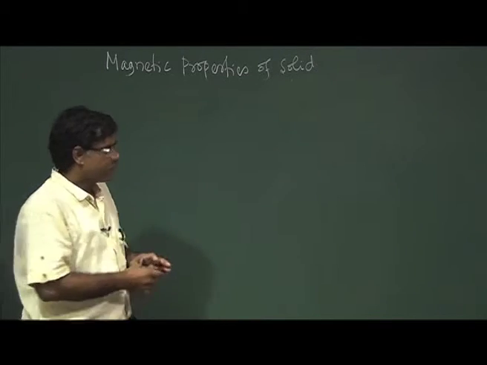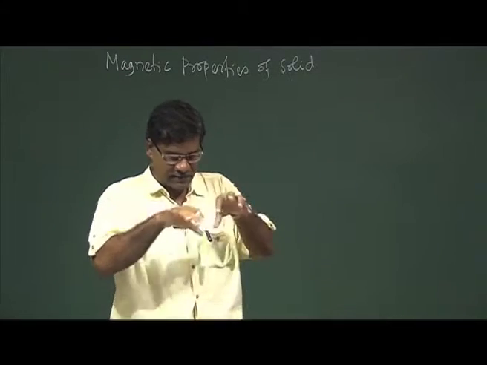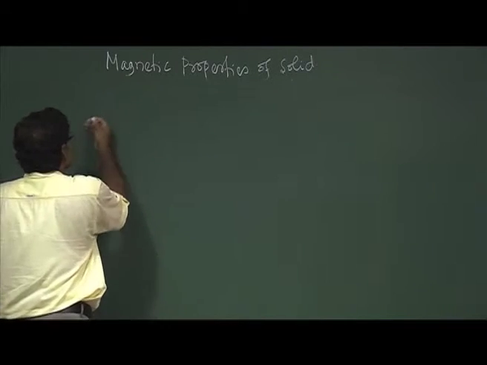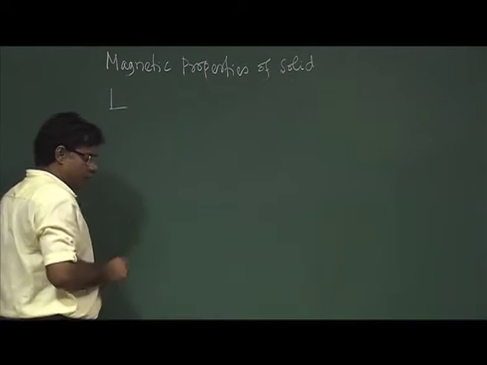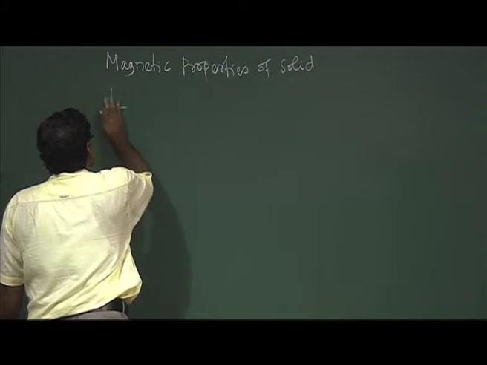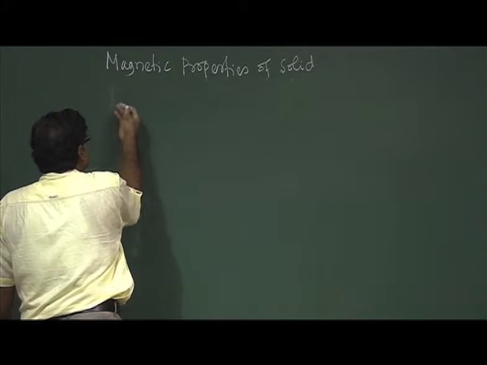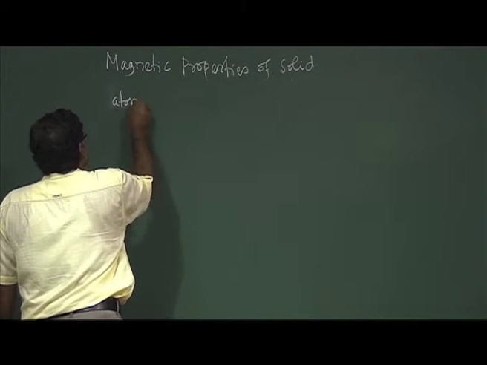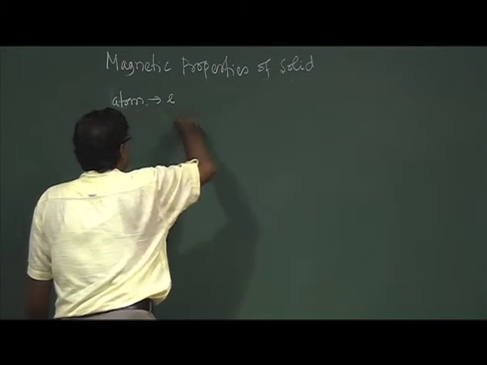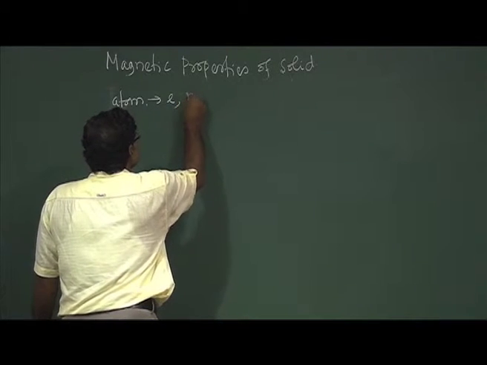A metal is made of atoms, they sit in the lattice sites, and atoms have orbital motion of electrons. The outer shell electrons are there, and at the center the nucleus is there.